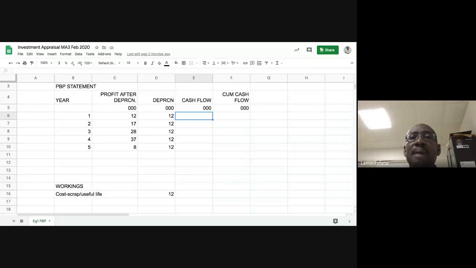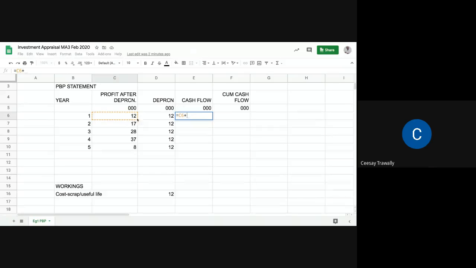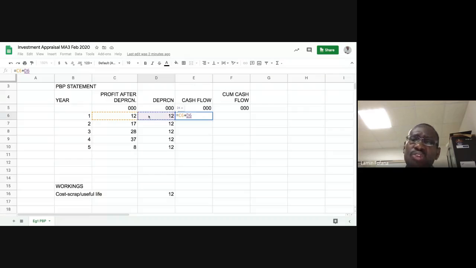If you have to add back, it is the simple sum formula. Say equals, you click on C6 plus D6. If you want, you can do the equals sum function, but since these are only two, you can just do a simple plus. So this one, we replicate. Once we replicate, we got all of that.